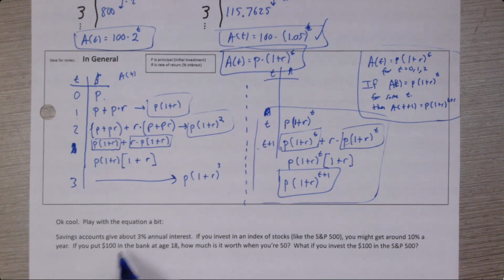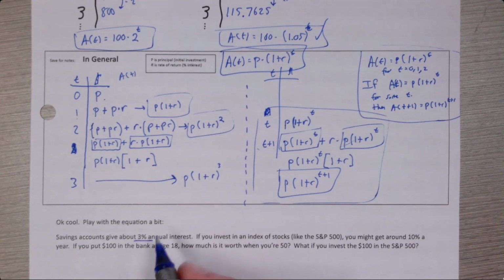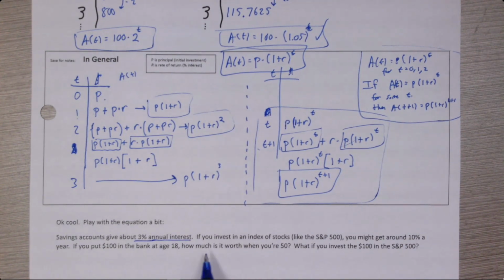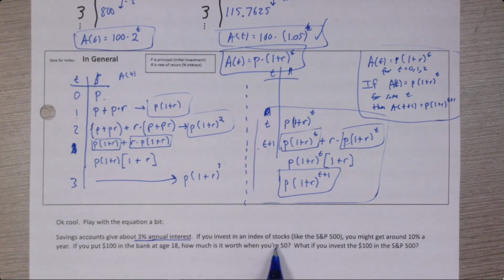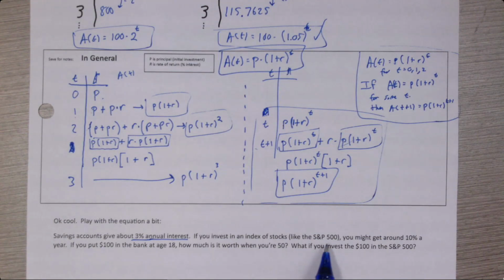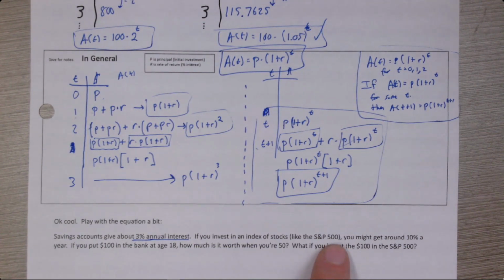So these are sort of approximately true. If you just put your money in a bank in a savings account, for example, you'll get about 3% annual interest. That's actually maybe even a little bit high. If you invest in an index of stocks like the S&P 500, it's like the 500 largest companies on the stock exchange.